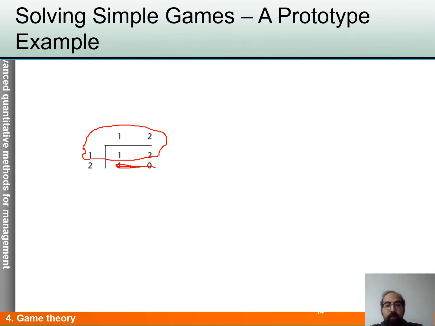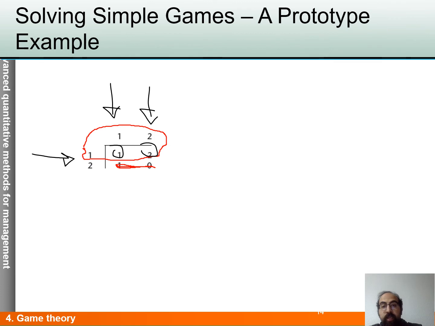So again, by applying dominant strategies, because here we only have one strategy for player 1 and 2 strategies for player 2. But we want to know which strategy player 2 should select. Again, at this point, the better option for us is the smaller one because it means less loss. In comparison between 1 and 2, which one is smaller? The 1.